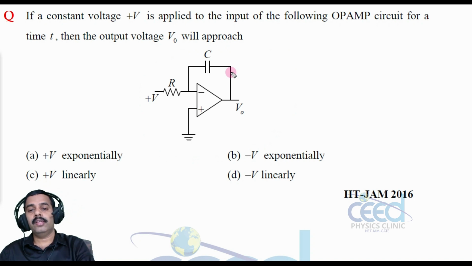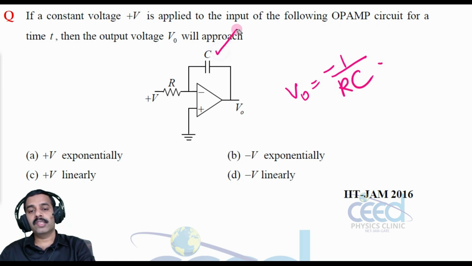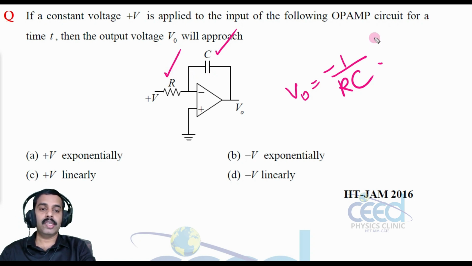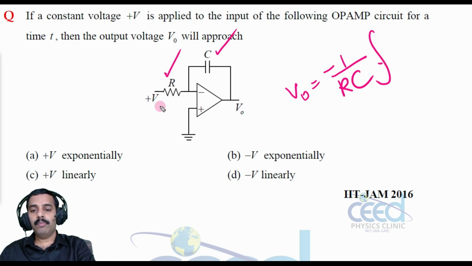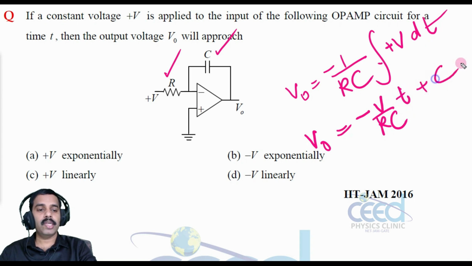What is the output of this integrator? Vo is equal to minus 1 by RC, where C is the feedback capacitor and R is the input resistance, times the integral of the input voltage, that is plus V dt. This is the result we have studied, right? So V0 is equal to minus V by RC into the integral of dt, which gives t plus C. Now look at this formula.